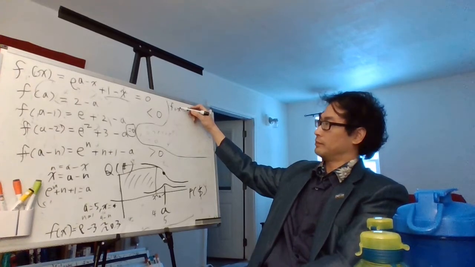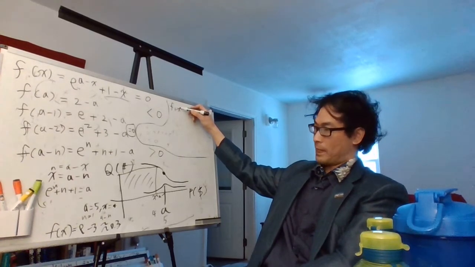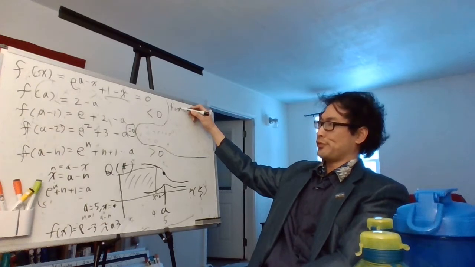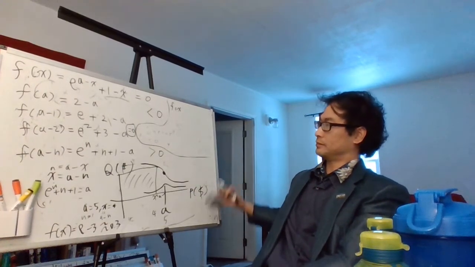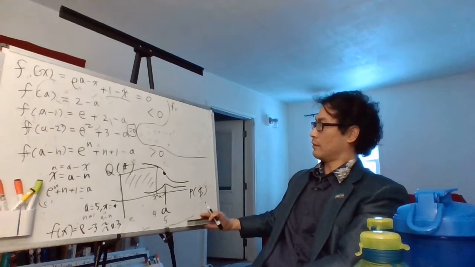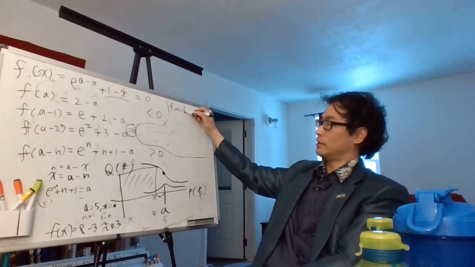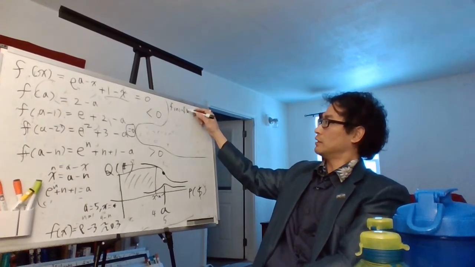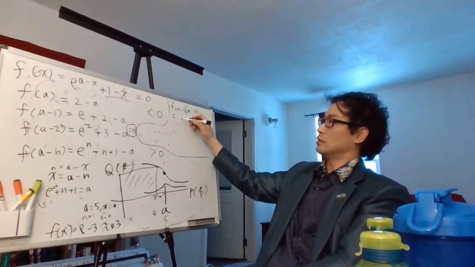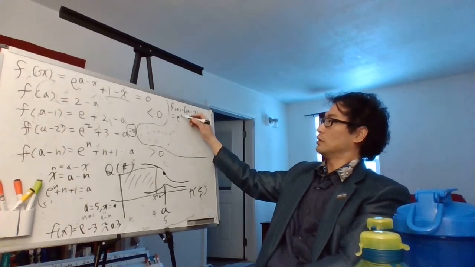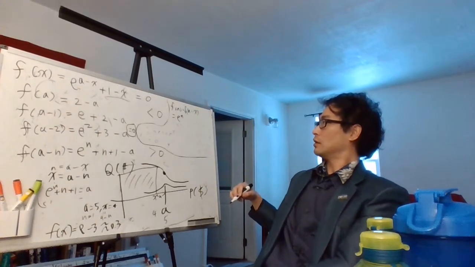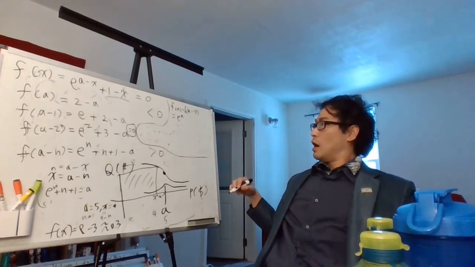F(n) is equal to f(a minus x), right? Is equal to e to the n. Wow.